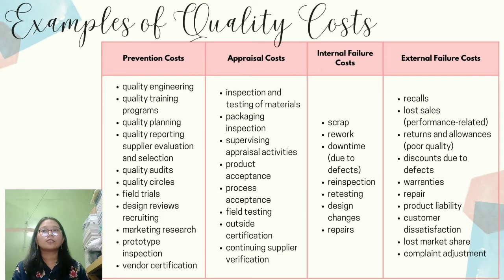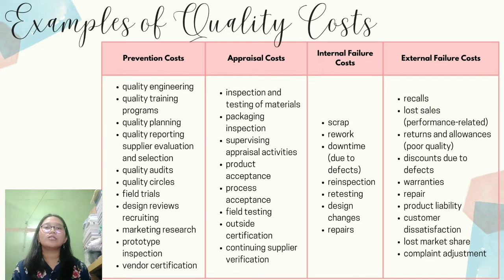Internal failure costs are incurred to remedy defects discovered before the product or the services are delivered or received by the customers. External failure costs are the costs of defects found after the customers or consumers receive the product or services.